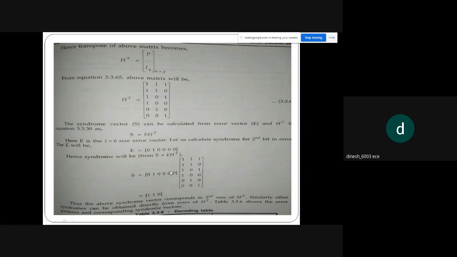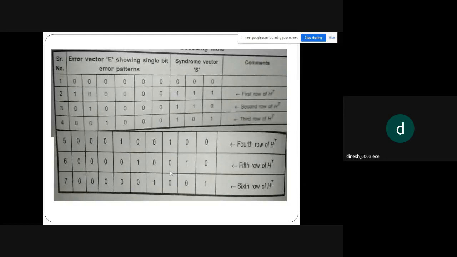So we can directly write that the error in the second bit is detected easily. If you do it for the third bit, it will also detect. If you do it for the fourth bit, it will also detect. For any bit that you make an error, you need to put 1 in that corresponding bit in the error sequence and do modulo 2 addition with the H matrix. You'll get the corresponding row of H transpose as the syndrome.